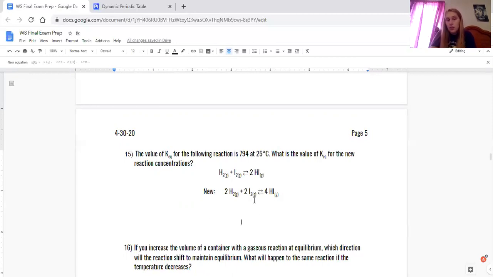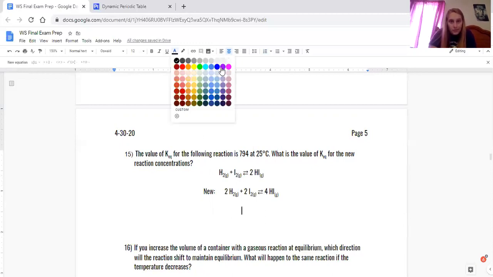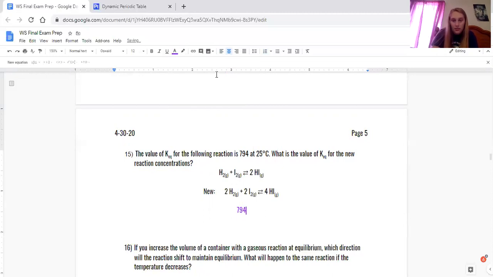So we're also going to square this, and that's what your difference is going to be. So what we're going to do is we're just going to do, turn that purple. It's just going to be 794 squared. That's it. That's all you're going to have to do. And so that is going to be equal to 6.304 times 10 to the 5th power.